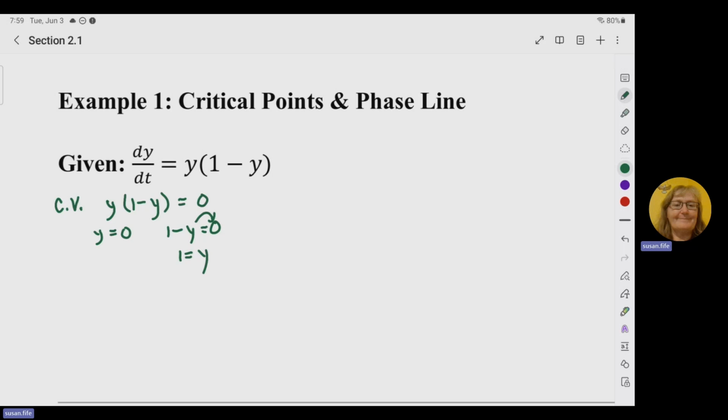These are y values. I'm going to do my phase line or my phase portrait. The phase portrait is just a vertical line. Remember, these are autonomous equations. They're equations written in terms of y, and our y number line goes up and down. So I want to plot y equals 0 and y equals 1.